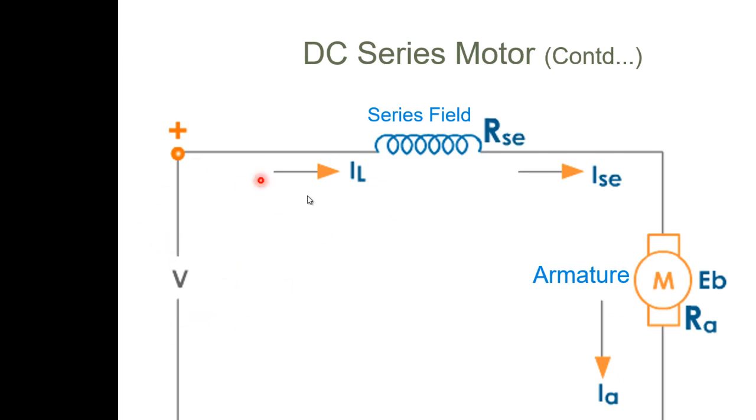When we give supply to the DC series motor, first you get a line current. As it goes through the series field winding, IL is equal to Isc, and the same current flows through the armature. So IL is equal to Isc is equal to Ia, because all are connected in series.